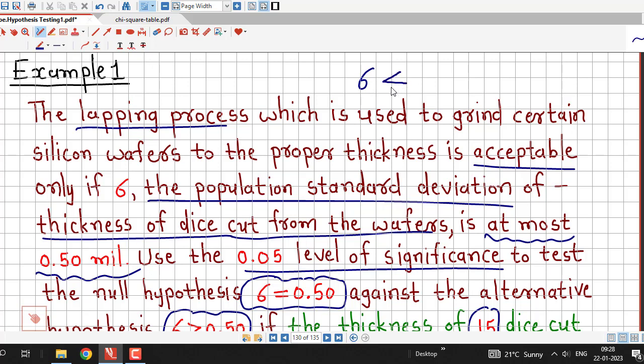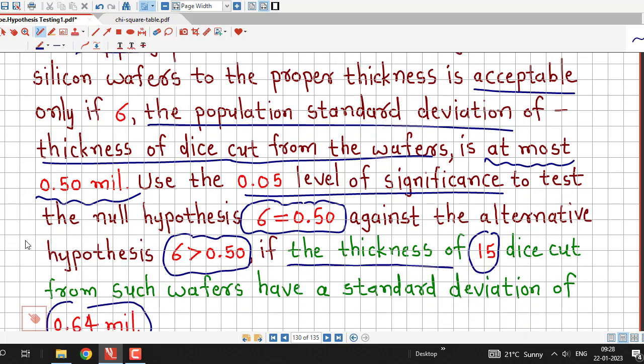That is, lapping process is acceptable if the value of sigma is less than or equal to 0.50. That is their claim, and here we have to consider 0.05 level of significance to test the null hypothesis that sigma equal to 0.50 against the alternative hypothesis that population standard deviation is greater than 0.50.